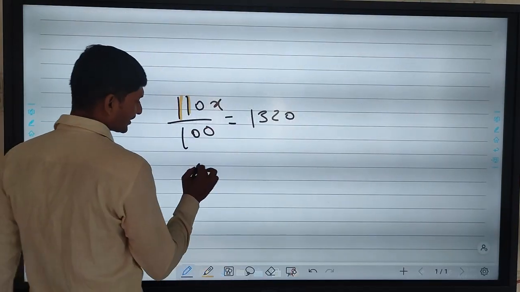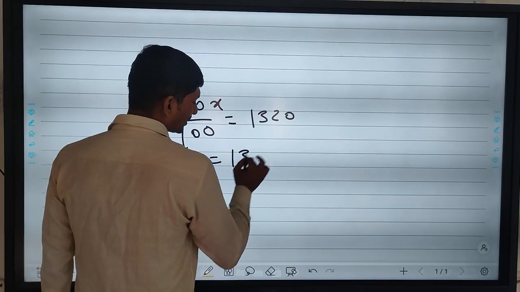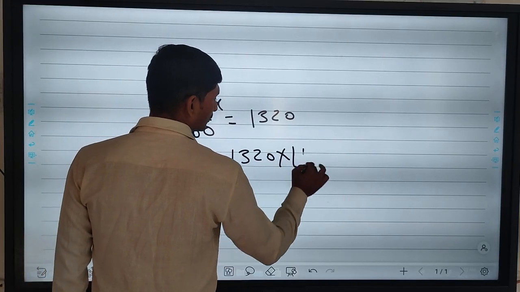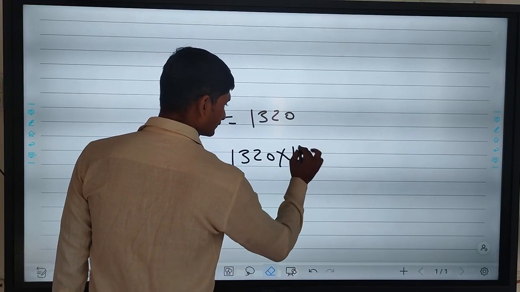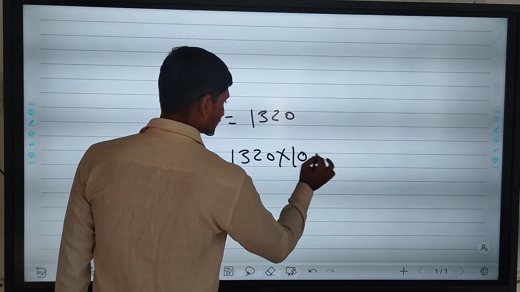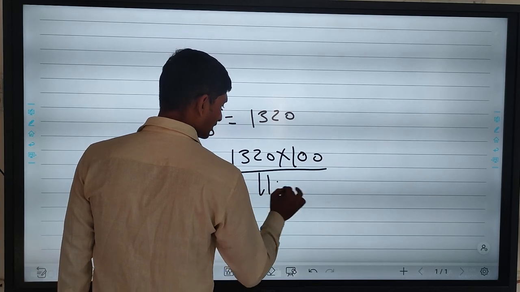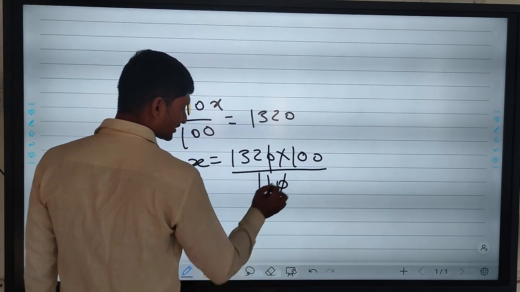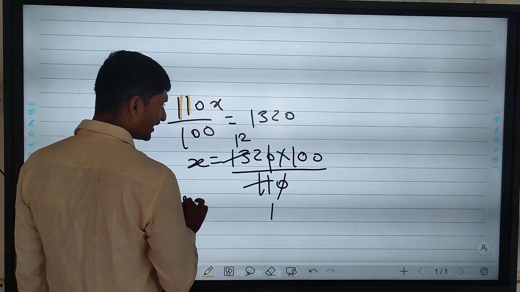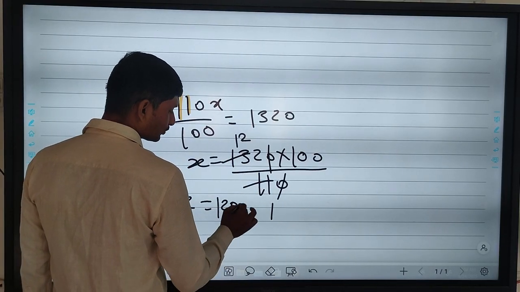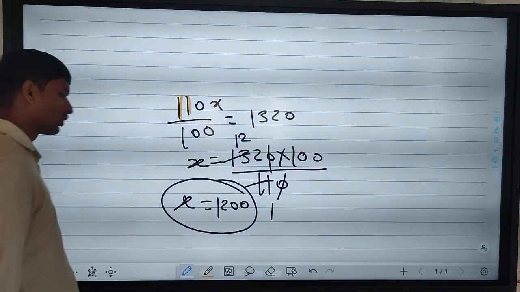We find the value of x. Then x is equal to 1320 into 100, divided by 11 — the zeros get cancelled, 11 ones are 11, and 11 twos are 22 — so x is equal to 1200. This is the value of x.